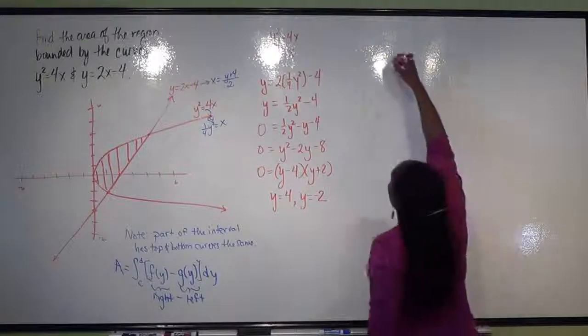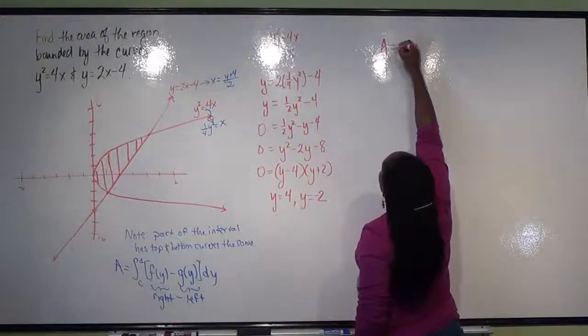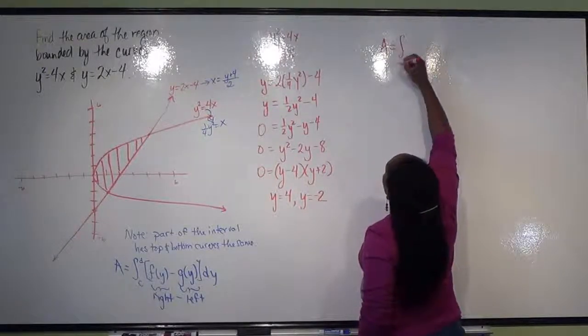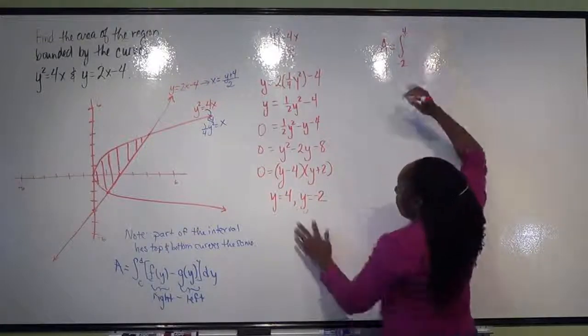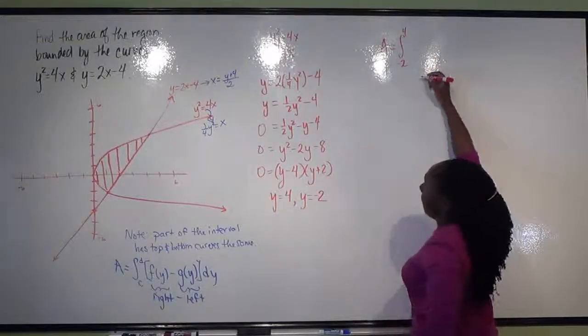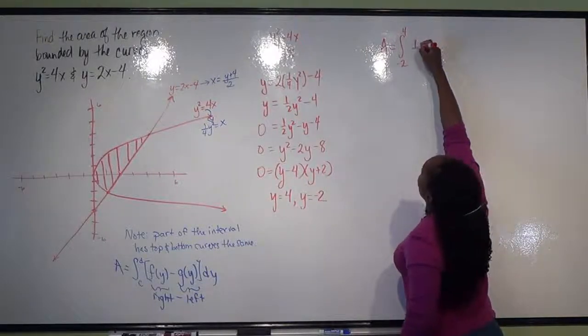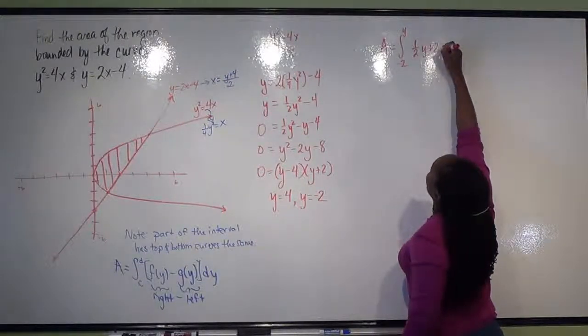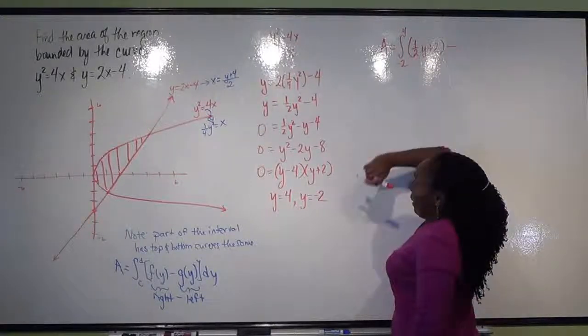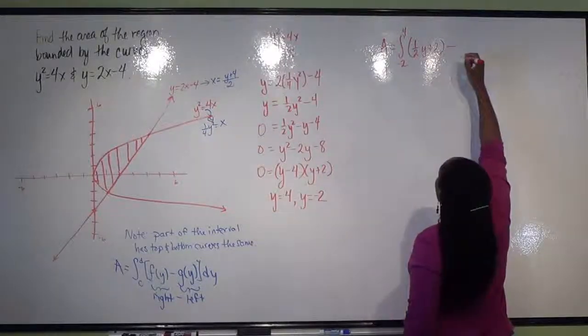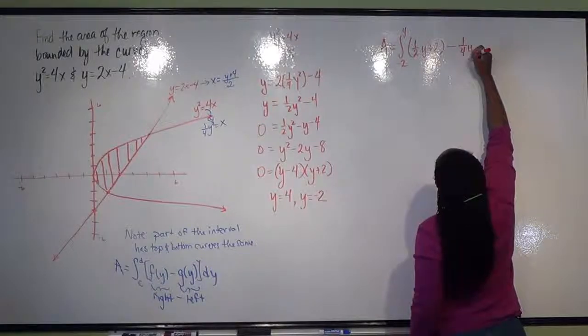and now we can set up our integral. So our area is going to look like the integral from -2 to 4, so our limits in terms of y. Our rightmost curve, which is 1/2 y plus 2, minus our leftmost curve, which is the 1/4 y squared.